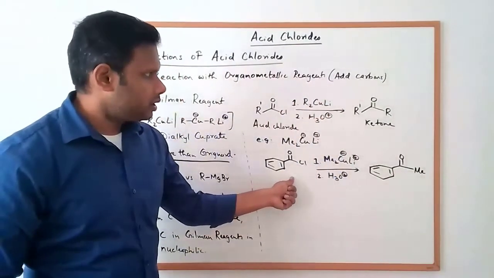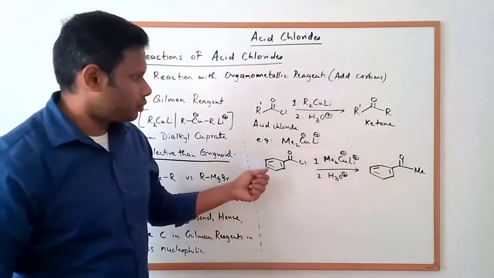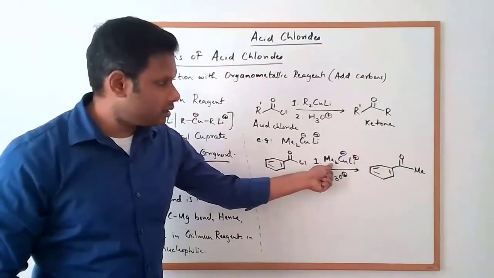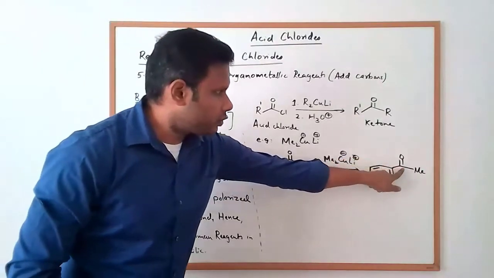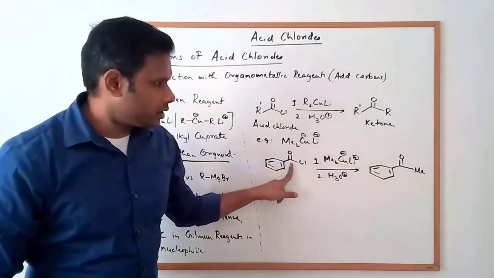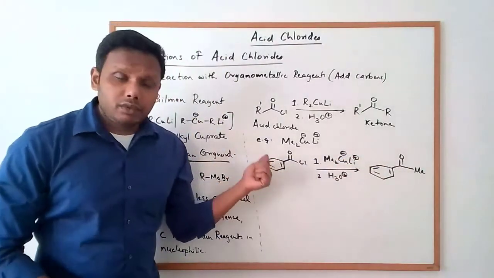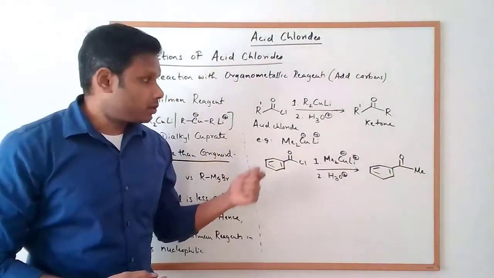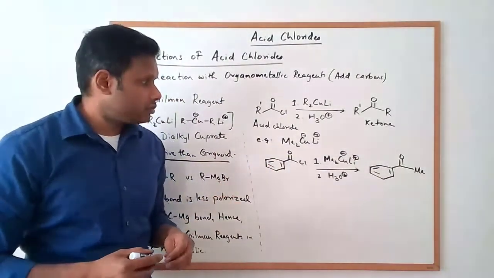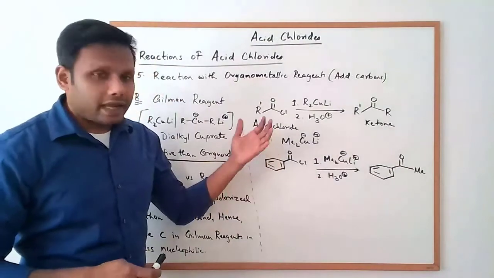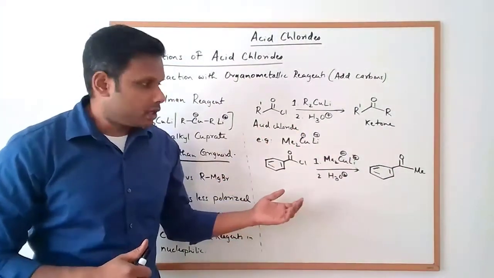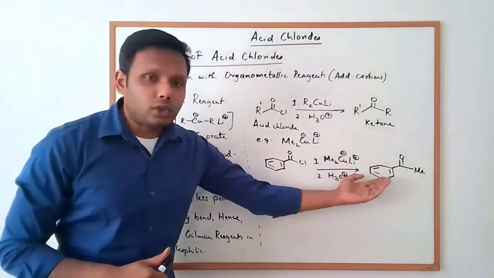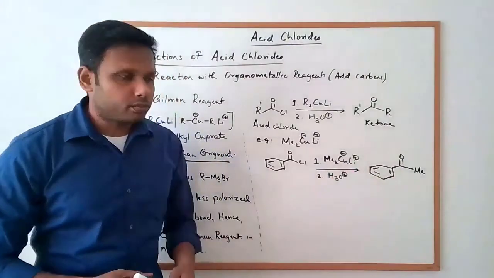So our product is a ketone. Whatever R group is in the Gilman reagent, one of those substitutes the chloride here. And the mechanism is again very similar to the mechanism of the reaction between an acid chloride and a Grignard reagent, except that you would not go beyond the ketone product.